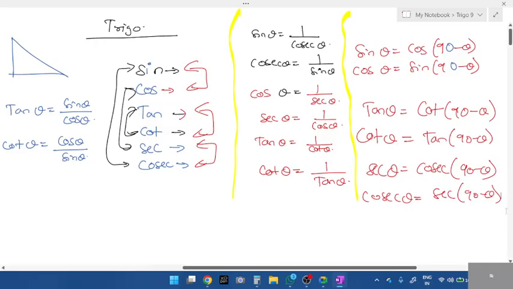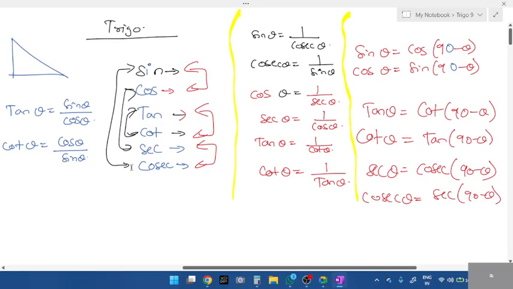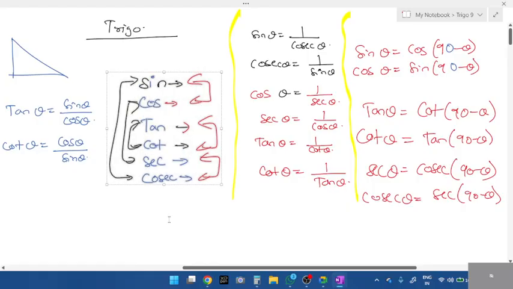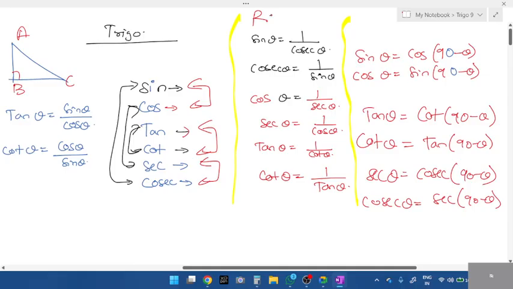Are you done? Have you written it? This is the reciprocal relation.